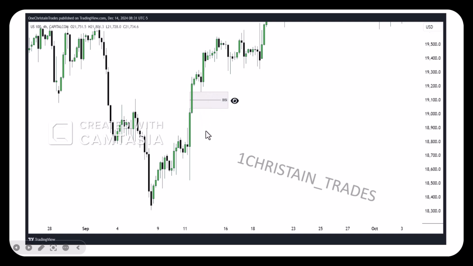But even till the time I'm speaking right now, we've not seen an efficient delivery back inside it. Price will refer back to it at a later point, probably years later or months later. So it depends on the order flow in which the market is running at that moment.